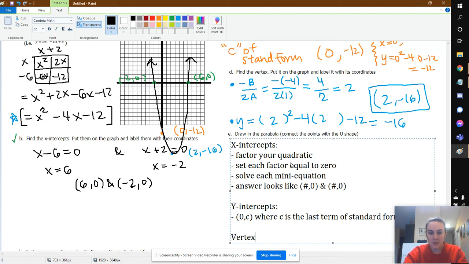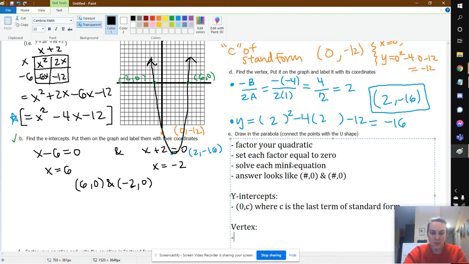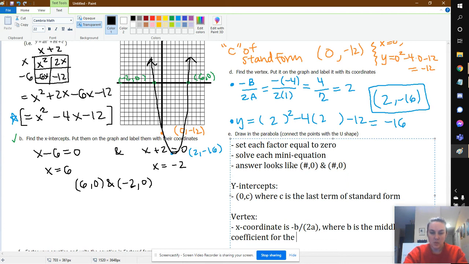For the vertex, the x coordinate is negative b divided by 2a, where b is the middle coefficient and a is the first coefficient.